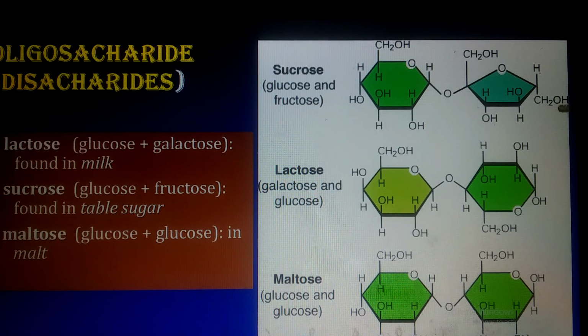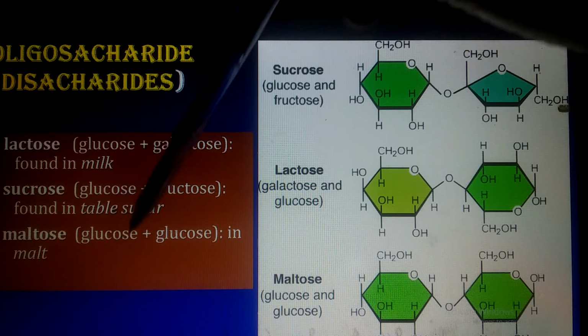So by condensation, lactose is produced, and the condensation of what? Glucose with galactose. Must keep it in your mind if you have to solve the fill-in-the-blank MCQs. So must keep in mind how the lactose is made up of the glucose and galactose. Sucrose is produced by the condensation of glucose and fructose, and maltose is produced by the glucose and glucose.